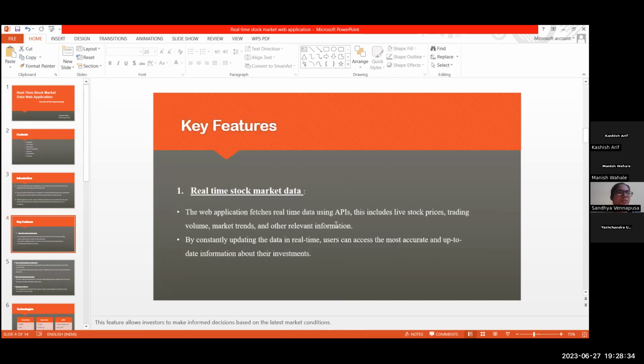So what are the key features provided by this web application? Real-time stock market data. The web application gets real-time data using APIs, like live stock prices, trading volume, market trends, and other relevant information, so that users can access the most accurate and up-to-date information about their investments.